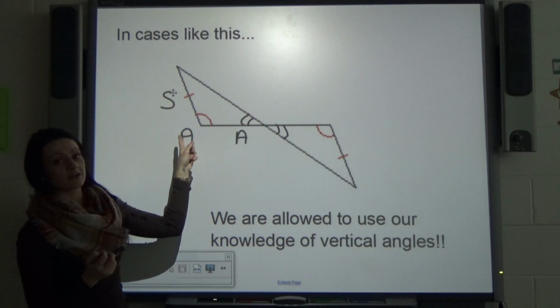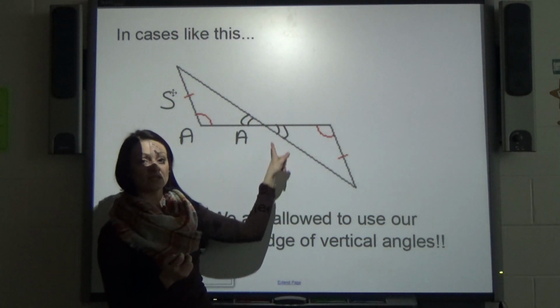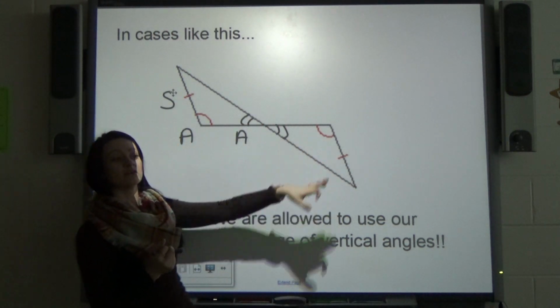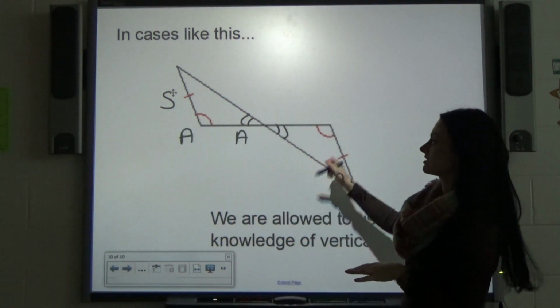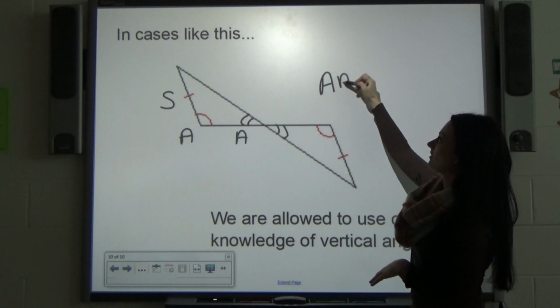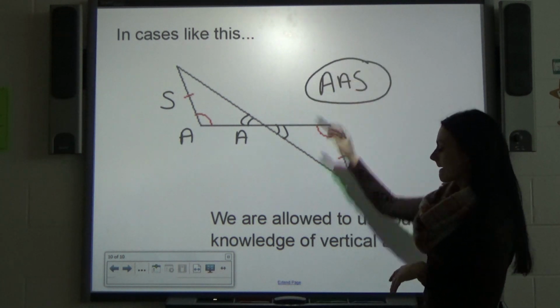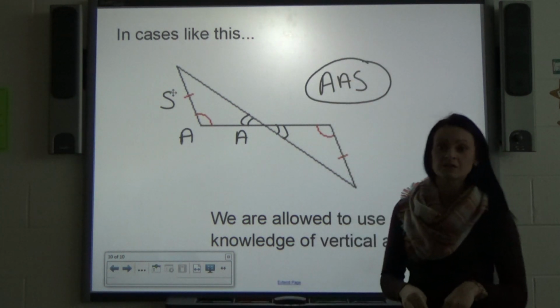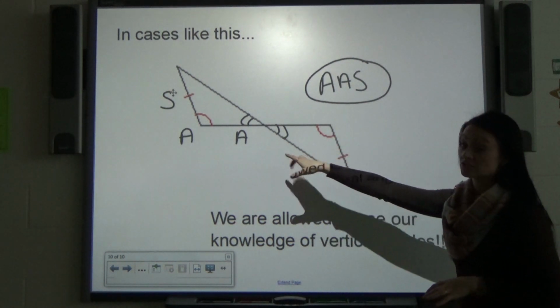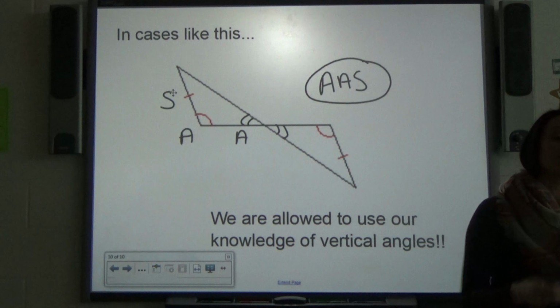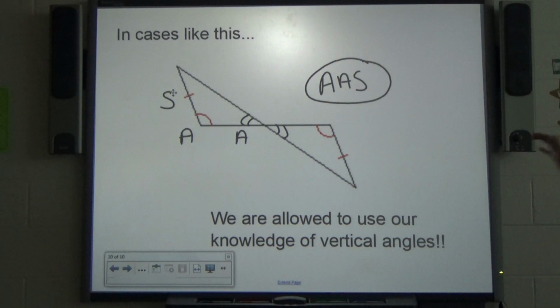Everything on this triangle corresponds to its counterpart on this triangle. So this congruence postulate that I would use is angle, angle, side. So I can say, because of the angle, angle, side postulate, these two triangles would be congruent. So I am allowed to use vertical angles. They are absolutely 100% fair game when I'm talking about proving triangles congruent.